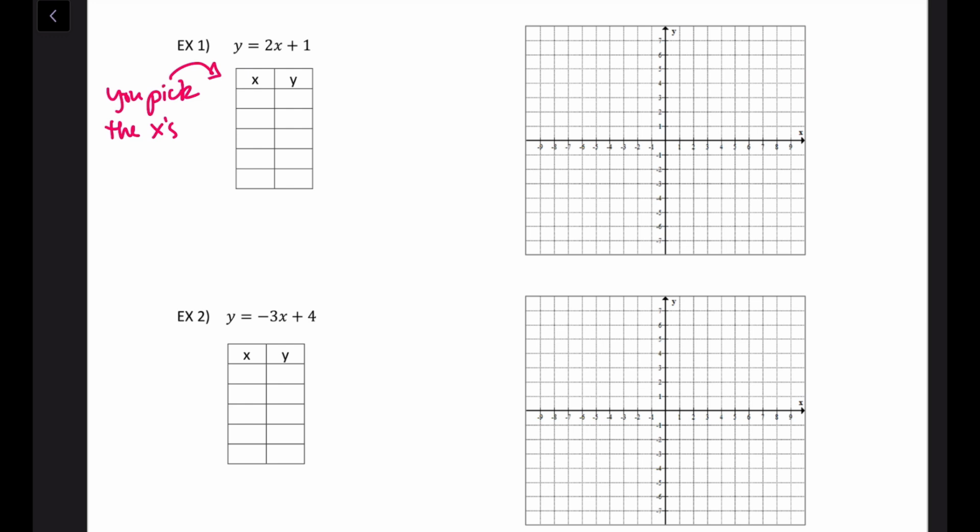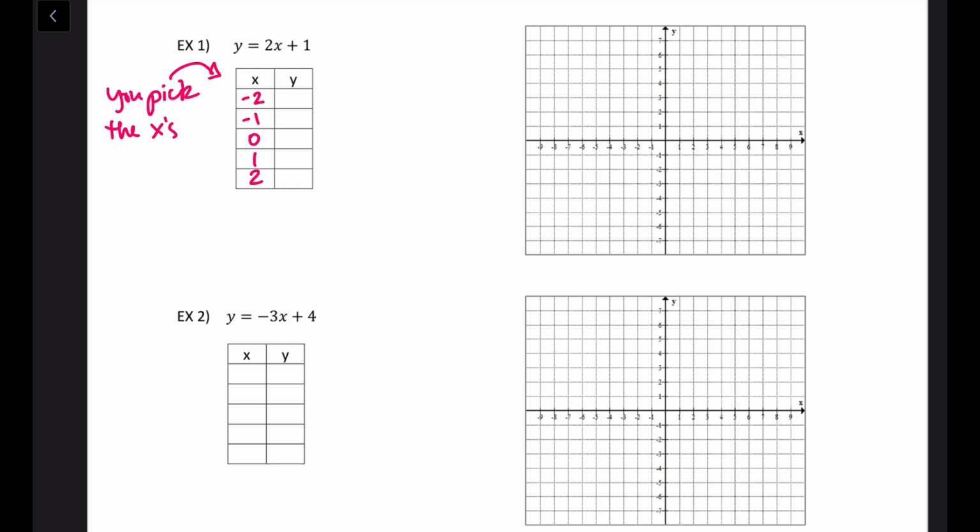So I usually tend to keep it like 0 is a nice easy number to do math with. 1's easy. 2, and then I usually throw in their negatives just so I can get a little bit of all types of numbers on my x-axis.